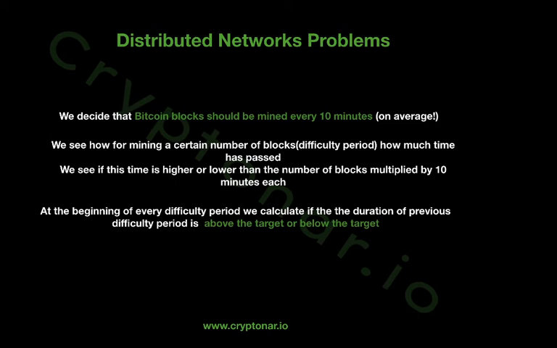Once we know how many blocks we expect in the next week, let's say, then you can see if in this week more blocks than expected are produced, or fewer blocks. If more blocks are produced with respect to what you were expecting, it means that the difficulty of the network is kind of easy.